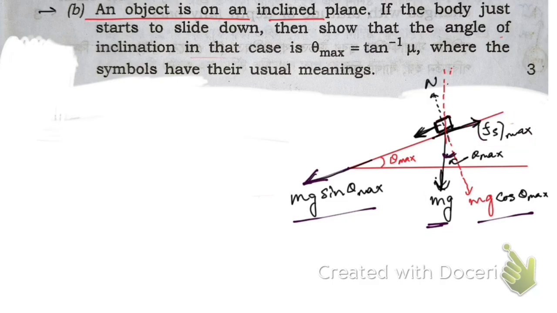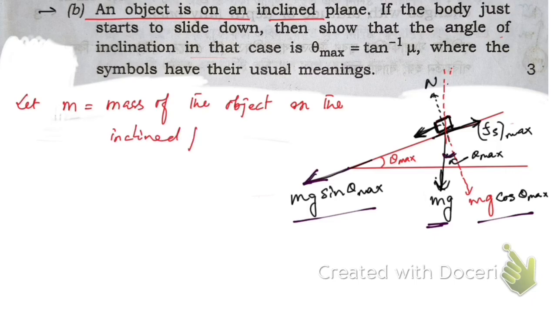So now you see here what we can do. Let me consider, let m be the mass of the object on the inclined plane. Theta max is the angle of repose, right? Let me write it properly.